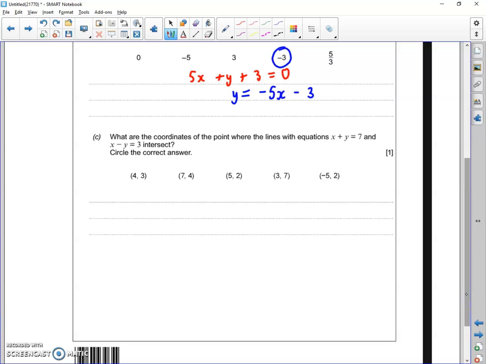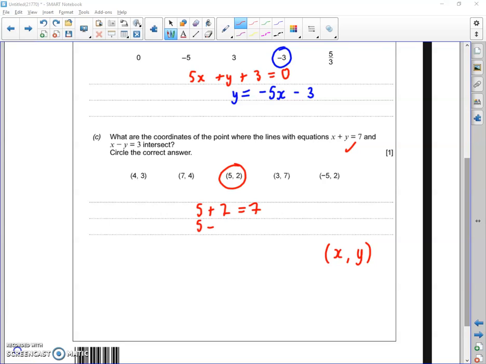And for part C, looking for where these two lines intercept. What we need to do is just find which coordinate works for both equations. So remember, in a coordinate, the first number is your x value, the second number is your y value. It takes a little bit of mucking around, but the coordinate that works for both is 5, 2, because 5 add 2 is 7, so that's that one satisfied.